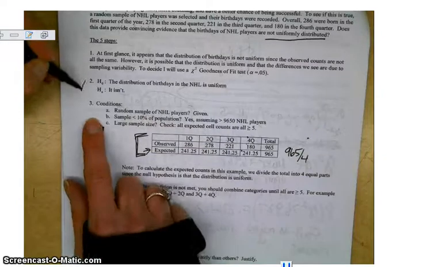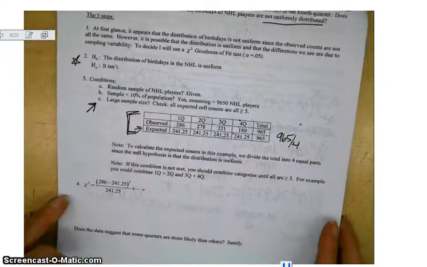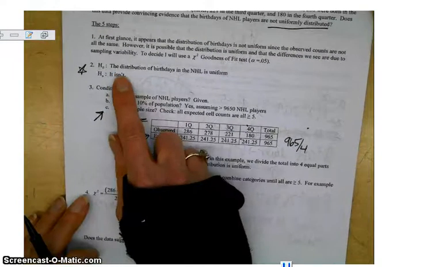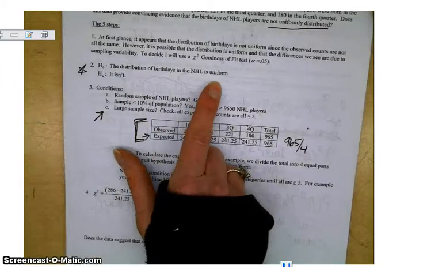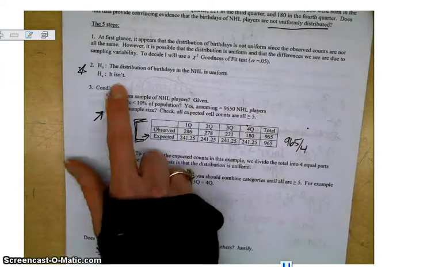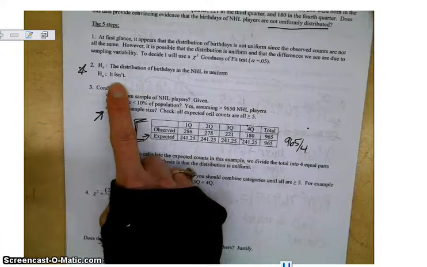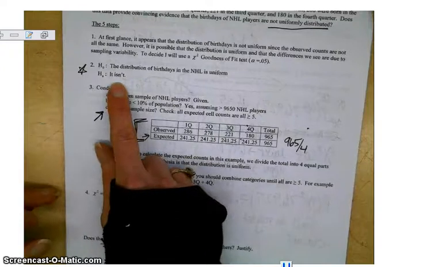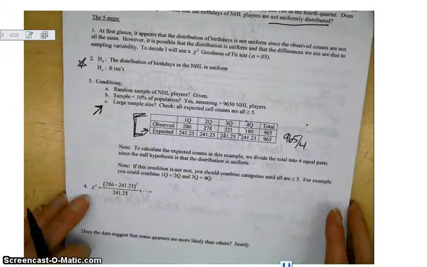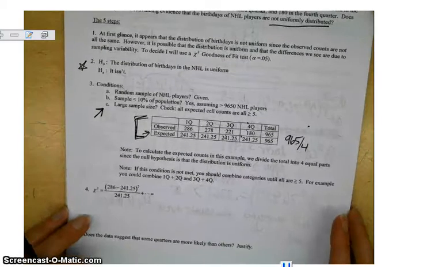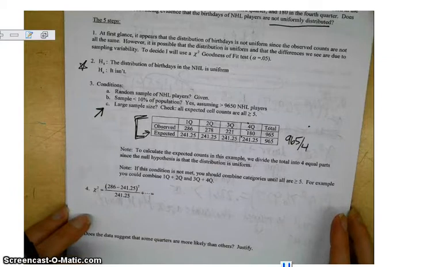We still have a null and an alternative hypothesis. The null hypothesis here is that the distribution of birthdays in the NHL is uniform, and the alternative is that it's not uniform. That's based on what they ask us up here. It's not numerical values anymore, so our null and alternative are going to be more wordy, yep, words.